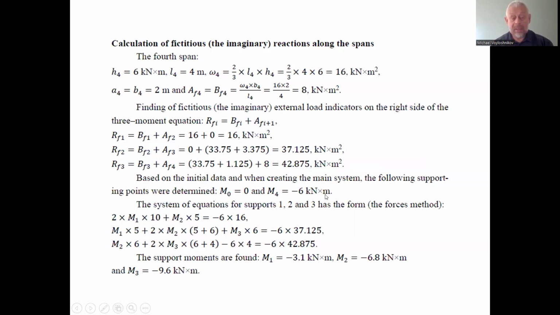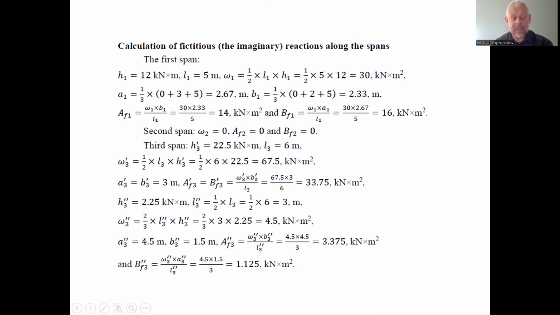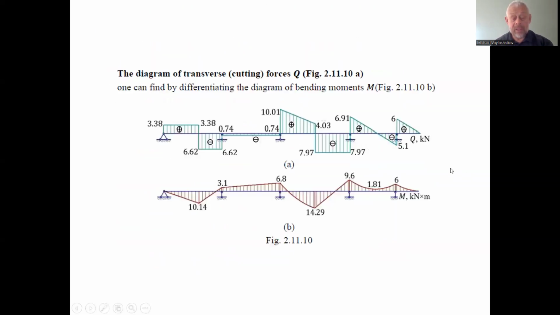The length is 3 meters from the flat hinge to the point of application of the concentrated force on span number 3. If we divide the difference of these two magnitudes by 3 meters, we can find minus 7.97. This is the magnitude of the evenly distributed shearing force.